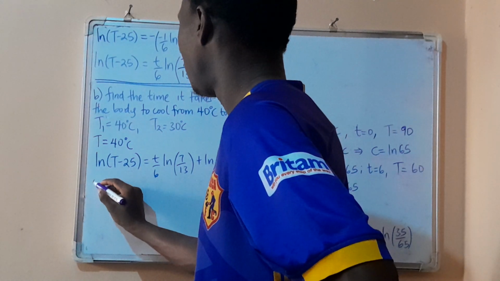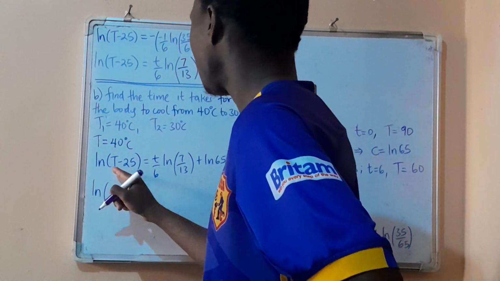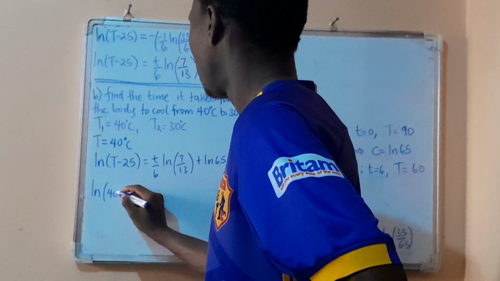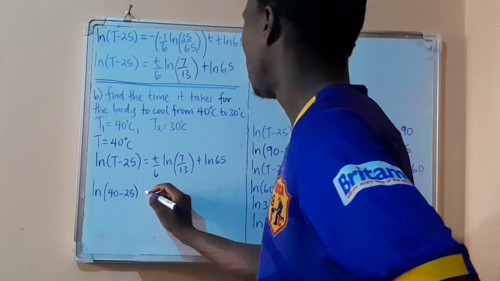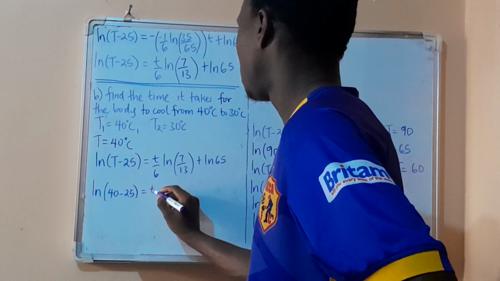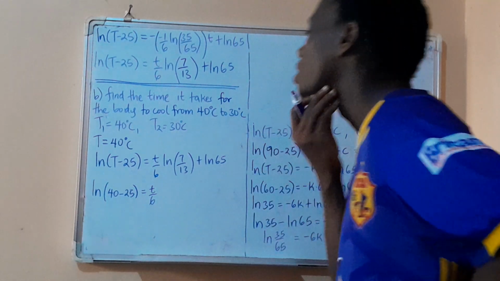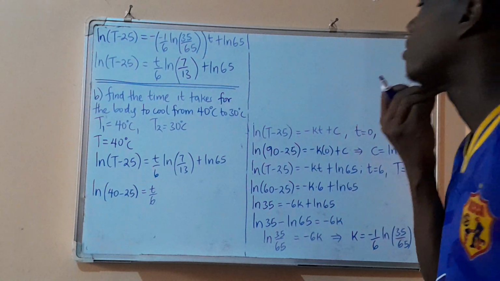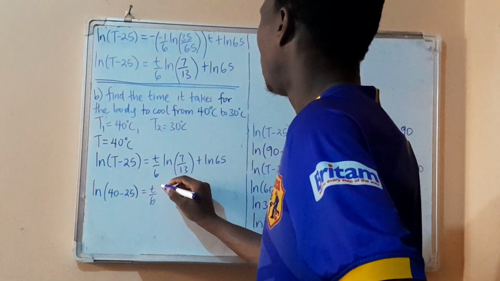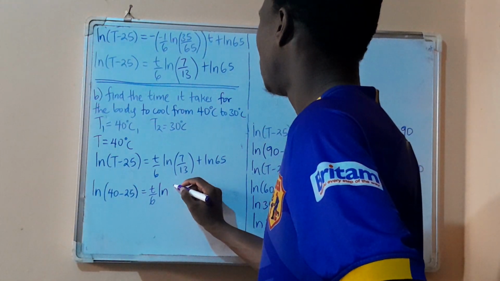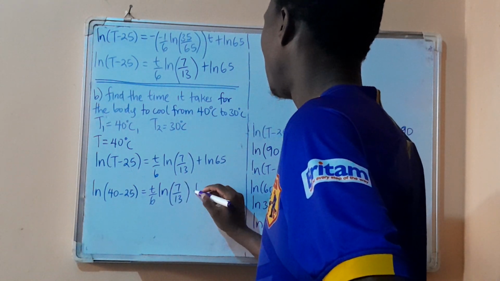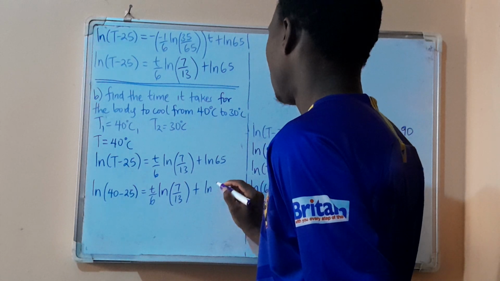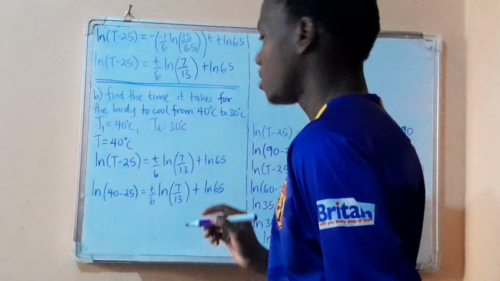So we shall have natural log 40 minus 25. This is equal to T over 6 natural log 7/13 plus log 65.